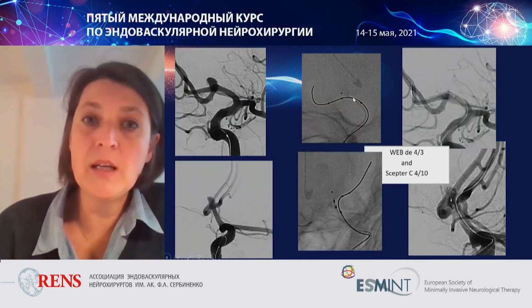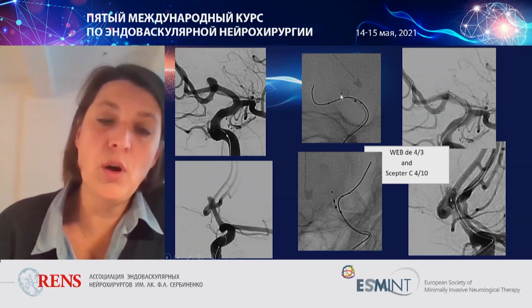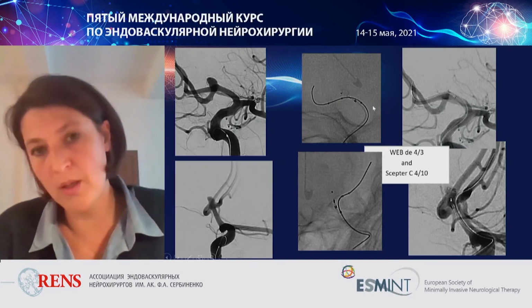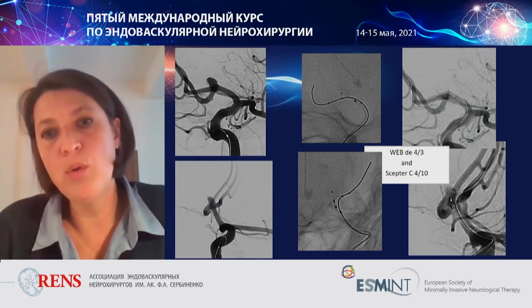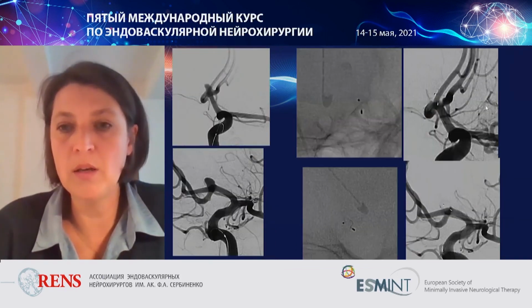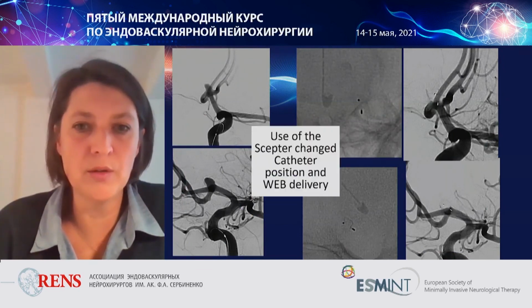So don't hesitate to use a balloon to modify the anatomy of the artery or to modify the position of the tip of the microcatheter. And we were able to deploy this 4 by 3 millimeter web and to seal the neck and obtain these quite interesting results.